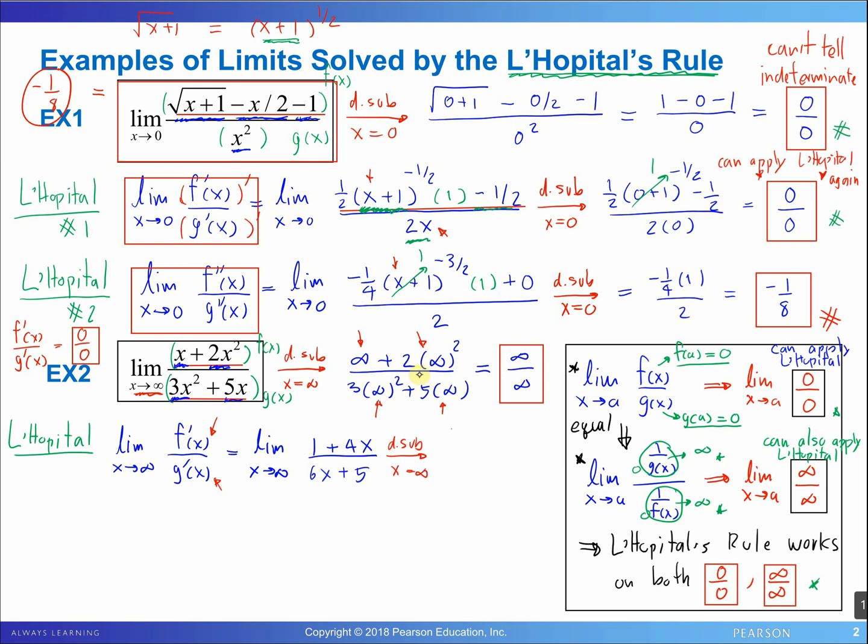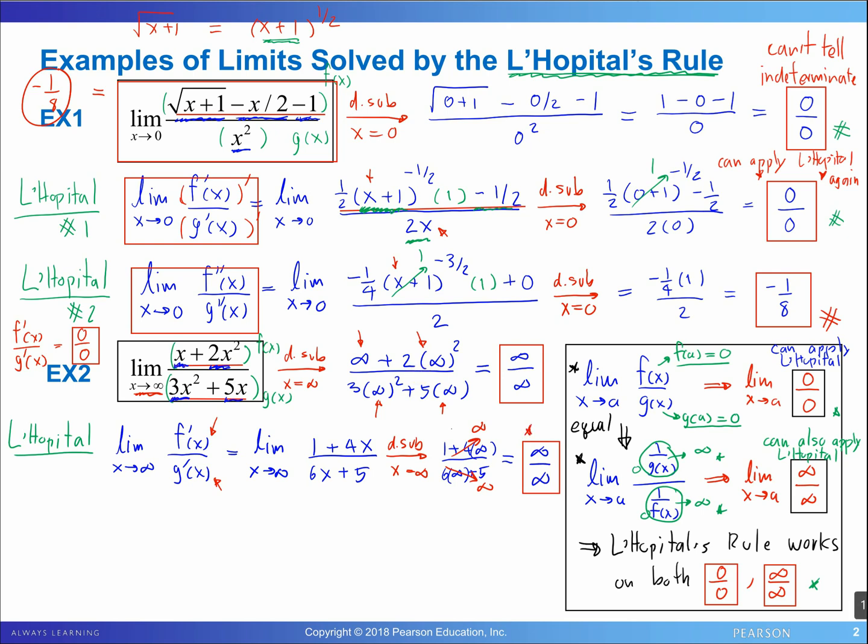So we have 1 plus 4 times infinity divided by 6 times infinity plus 5. As you can see here, this is going to go to infinity. Same down here, infinity, which means that we still have this form. Infinity divided by infinity. And at this point, it means that it's still indeterminate. So we have to work on it more.